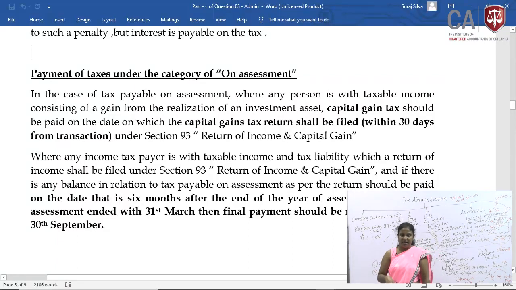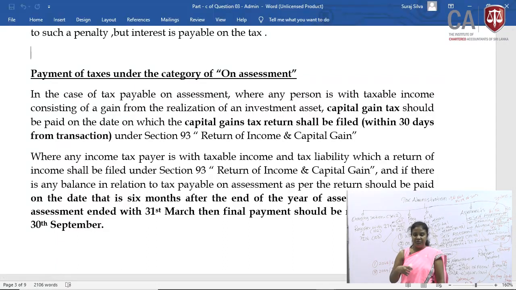The next type of payment is the payment of tax under the category of on assessment. In the case of tax payable on assessment, where any person has taxable income including a gain from the realization of an investment asset, which is capital gain tax, it should be paid on the date on which the capital gain tax return shall be filed.